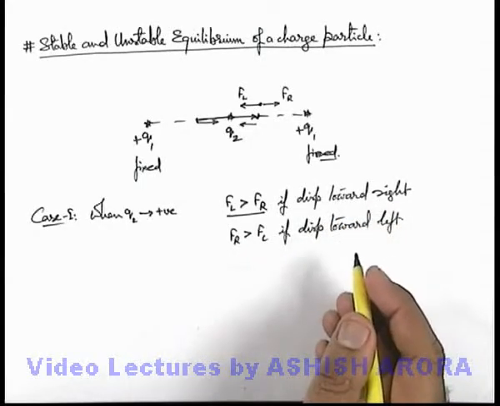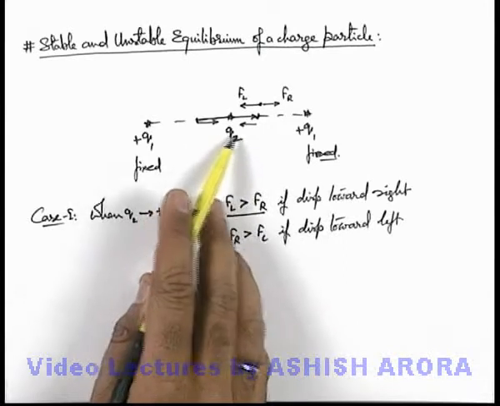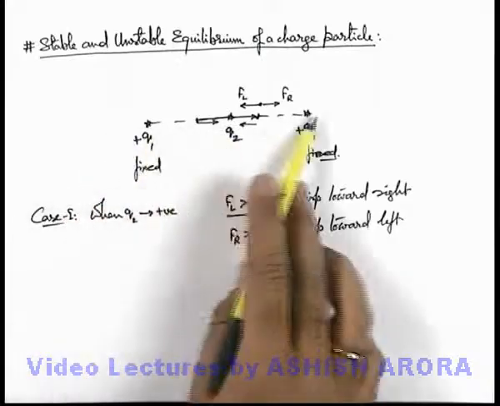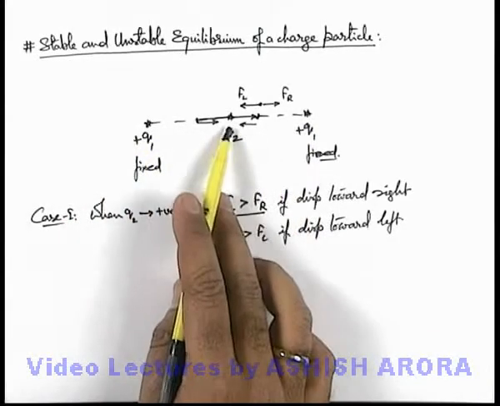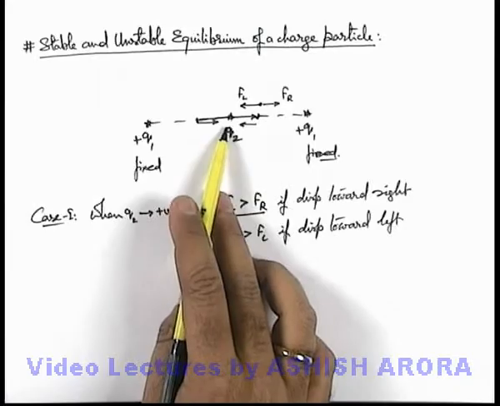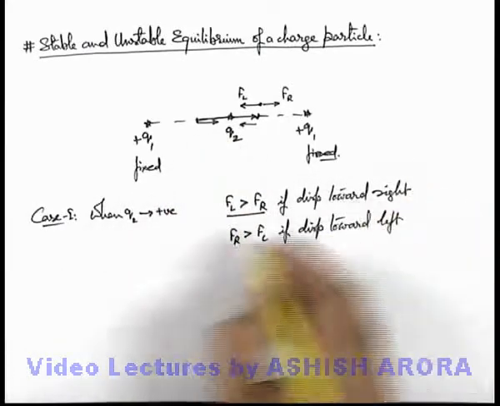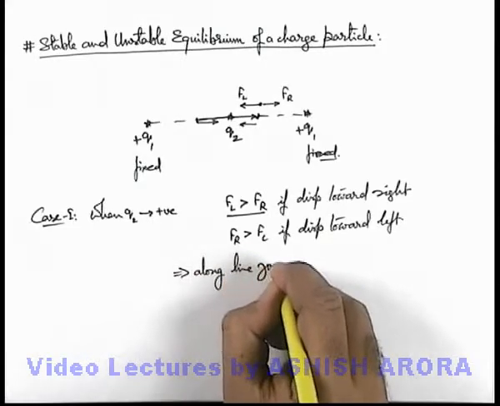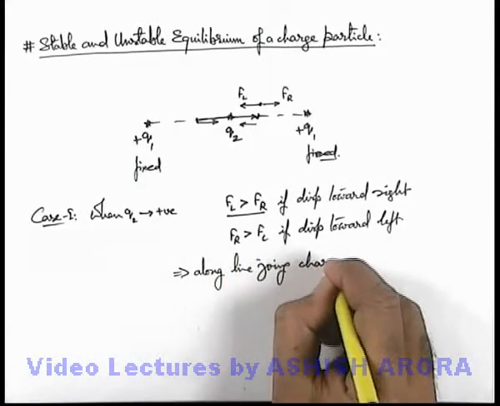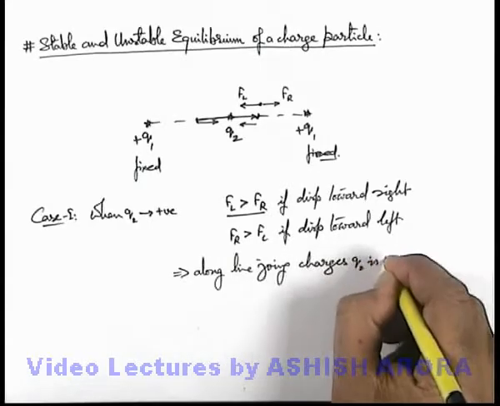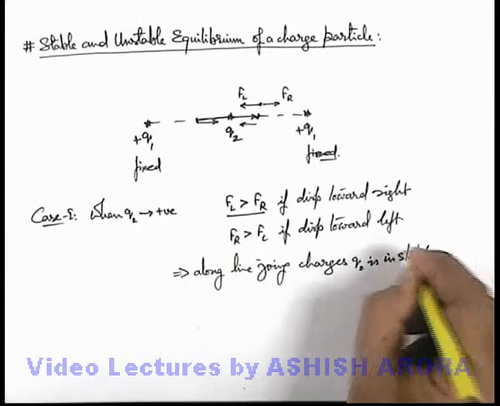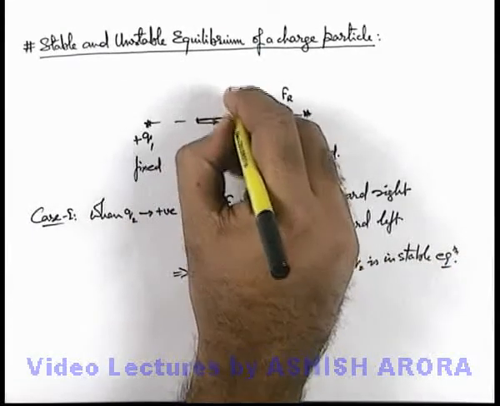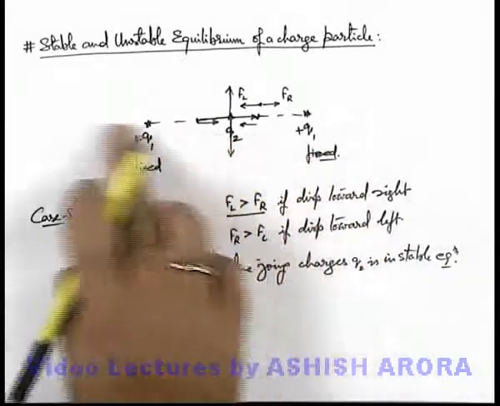So the charge Q2 will be in stable equilibrium, because wherever we displace it along the line joining the three charges, it has a tendency to come back toward the equilibrium position. So along the line joining the charges, Q2 is in a stable equilibrium.